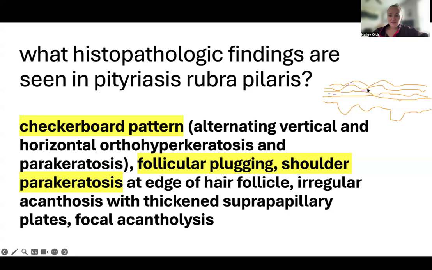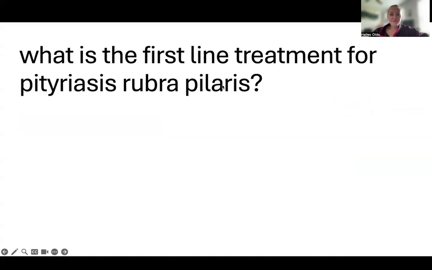So it's forming a checkerboard-like pattern. This can sometimes be hard to pick up on when you actually see it, but that's what they're referring to. And then you might see it at the edge of a hair follicle here too. So that's the classic path findings, but it is that acanthosis that you usually see.